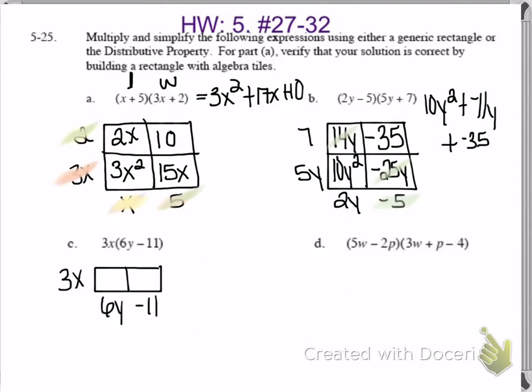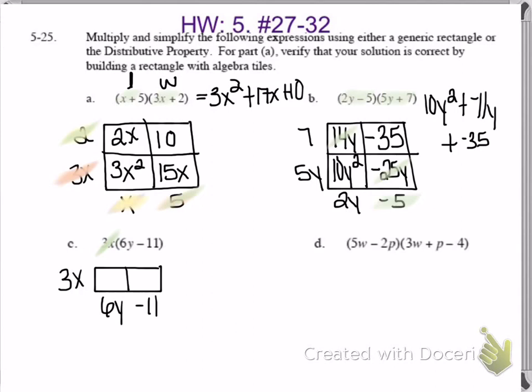Now notice my generic rectangle is smaller than the previous two problems. The reason why is because I only have one term outside of my parentheses, whereas before, each of the other problems had two terms inside of their parentheses. We'll take a look at more problems like this style in the future.